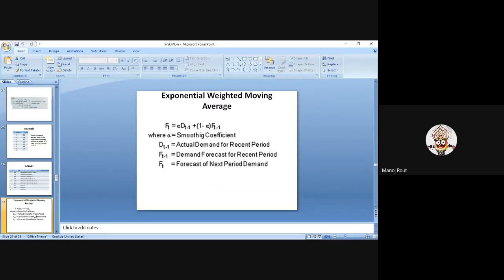So this was given in the last class in the form of exponential smoothing moving average, but it does not belong to that title, and it belongs to exponential weighted moving average.